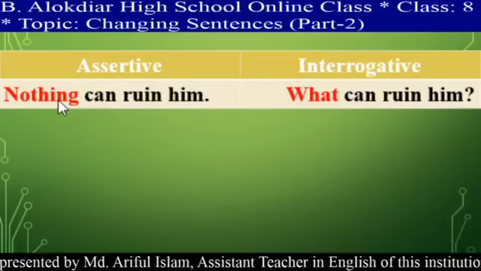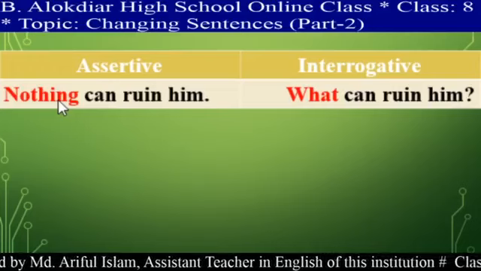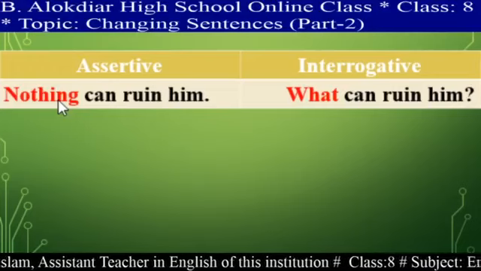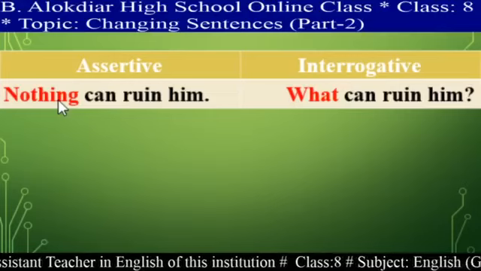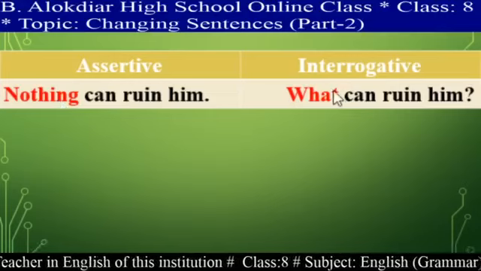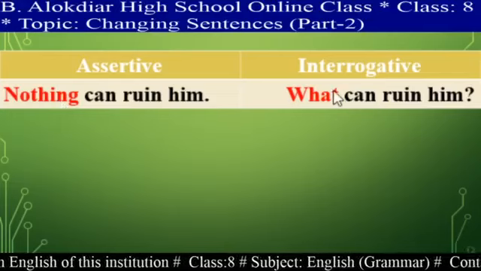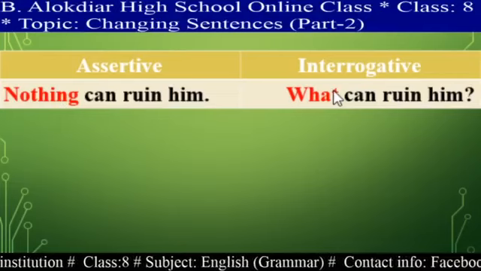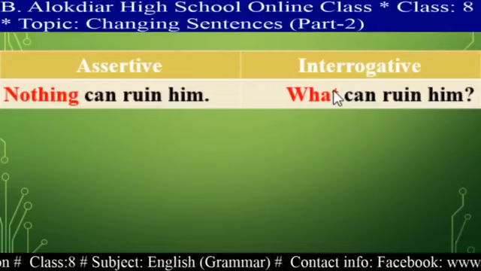These are the rules. In the same way, if what is used in an interrogative sentence, we have to use nothing in the assertive sentence. Why? So let's see the rules.